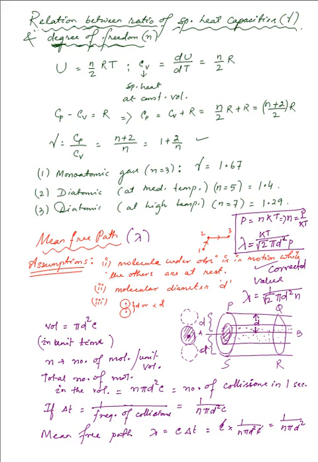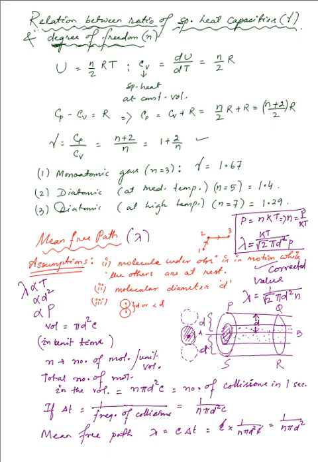So what we get is that this mean free path is directly proportional to the absolute temperature, inversely proportional to the square of the diameter of the given molecule, and also inversely proportional to the pressure of the gas.